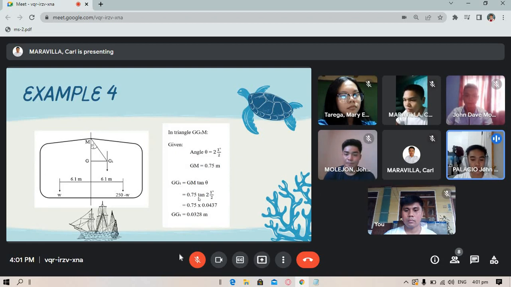So GM 0.75 times tan of theta, 2.5 degrees. So 0.75 times 0.0437. So our final GG1 is equal to 0.0328 meters.